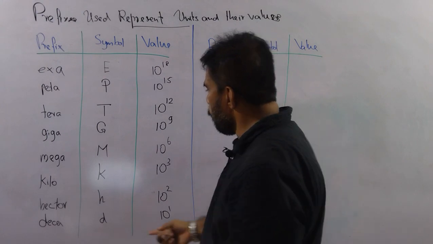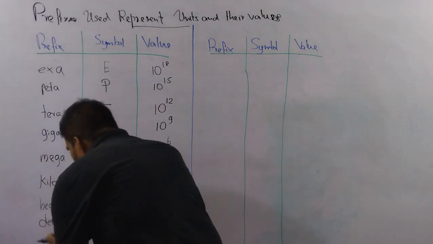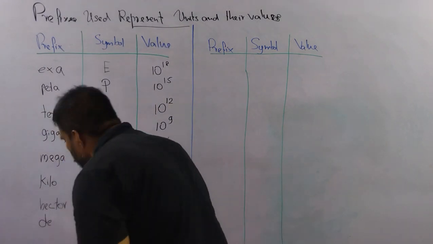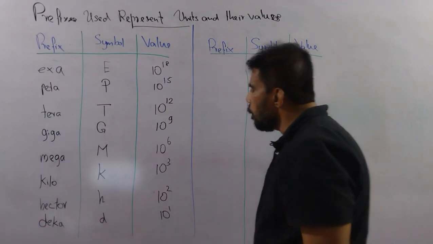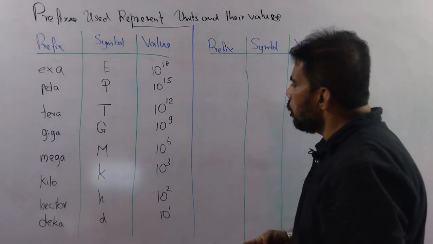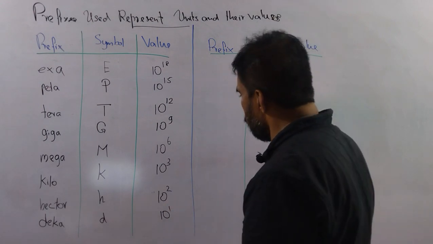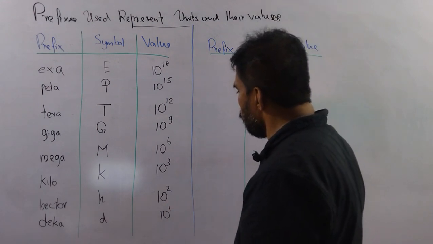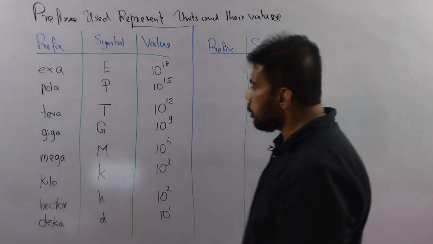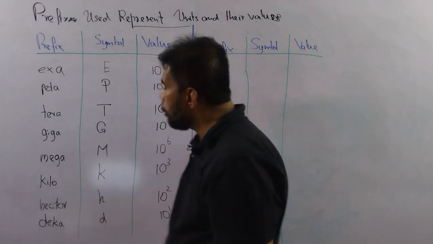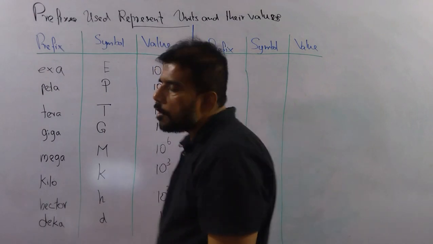Hecto and deca are not used that much in day-to-day applications, but in some physics problems, where they discuss a tenth of the main quantity or ten times the main quantity, they might use these deca and hecto terms. And then we'll discuss the other side, that is deci.